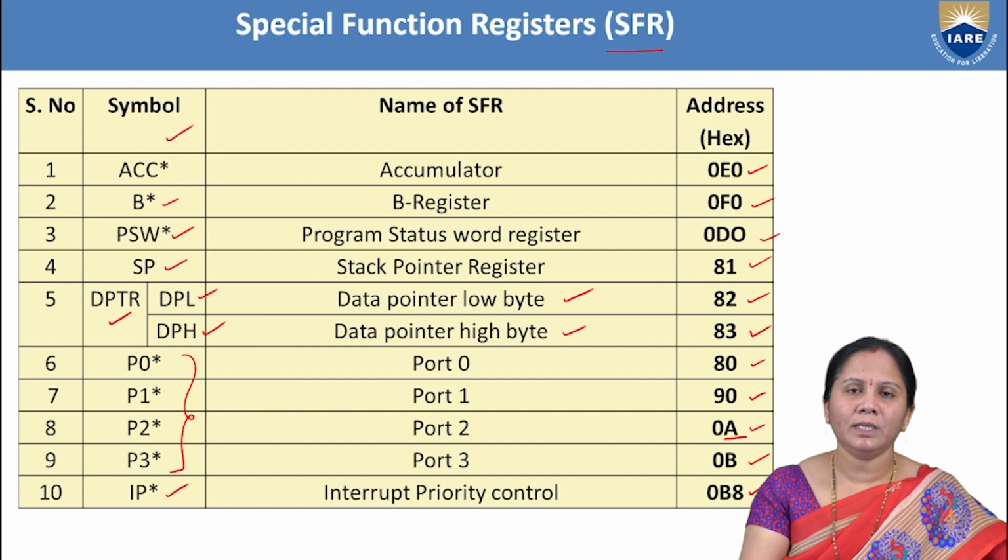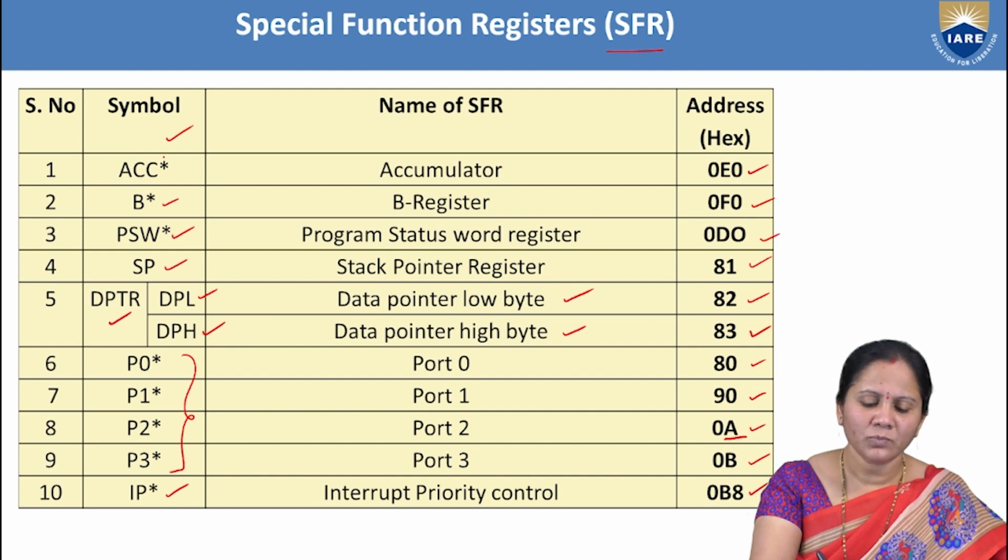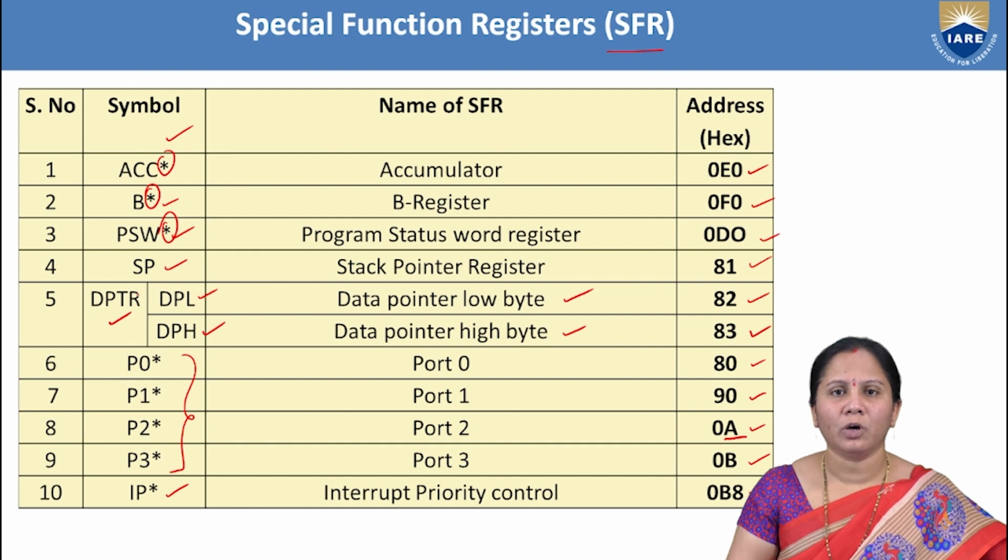If you see, only some registers have a star indicated on the top. Whatever address has a star on top represents that it is bit addressable. Bit addressable means that during programming, we can manipulate any bit in that particular register.